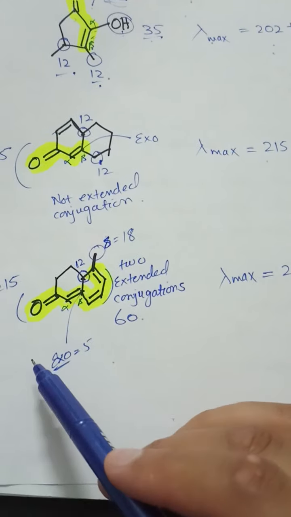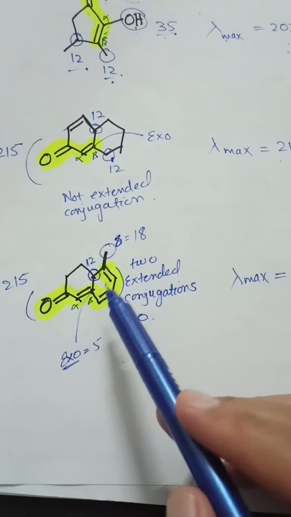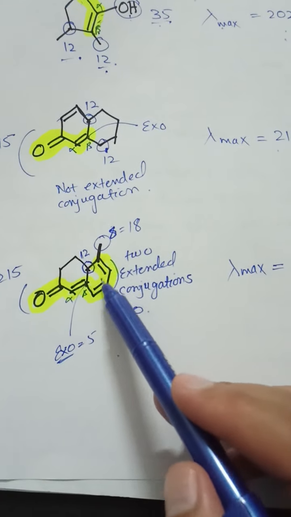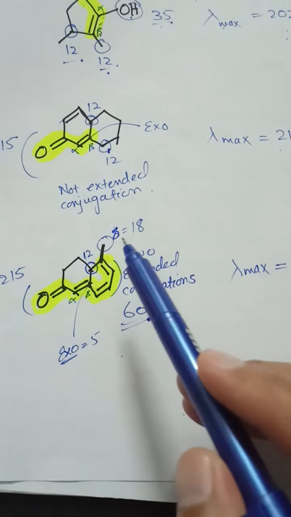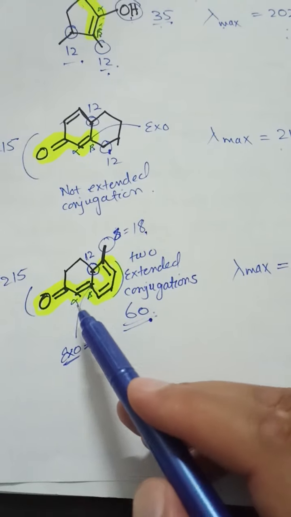In this case there is a six-membered ring, so the base value will be 215 nanometer plus extended conjugation, 1, 2, so two extended conjugations are present, due to which 60 nanometer will be added, and at the delta carbon there will be 18 nanometer addition to the base value.